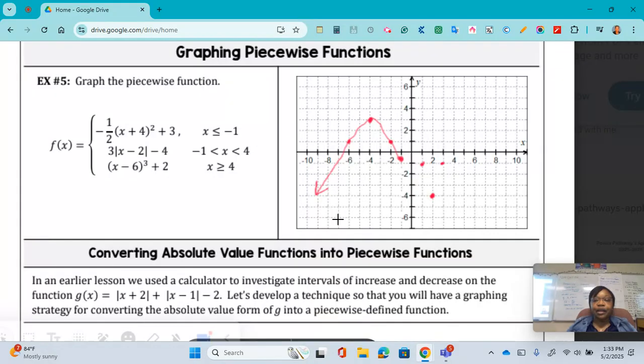Now, will that be an open circle or a closed circle for -1? Open circle, because it does not have a line under it. And then we're going to go all the way to 4, where our x is. Go up 3, 3 over 1. Now that 4, is that going to be an open circle or closed circle? Open. And then we plot our points.